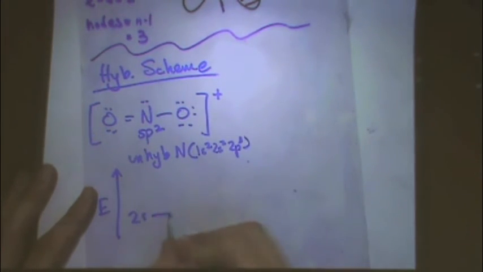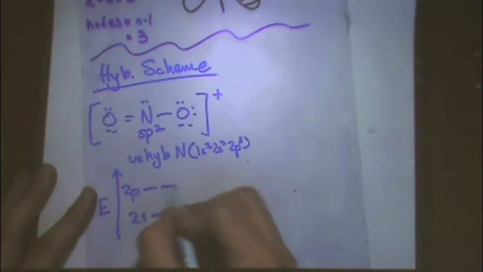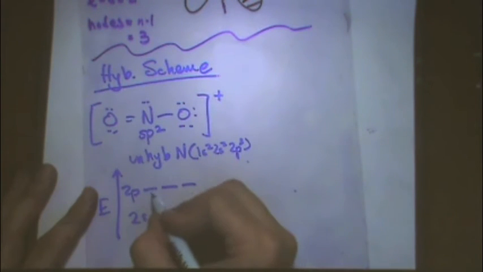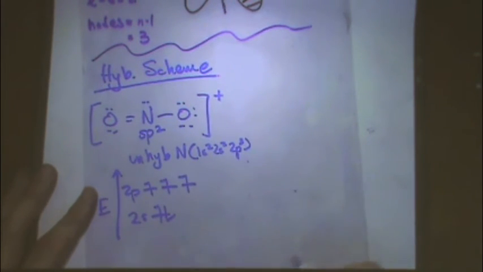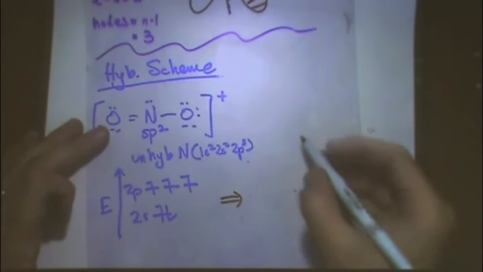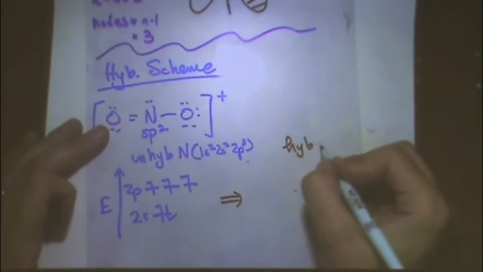So you go 2s, 2p, 1, 2 for 2s2, and 3 for 2p3. On the right-hand side, I'll do that in a different color. I'll do it in brown. We hybridize it, so this would be the hybridized nitrogen.